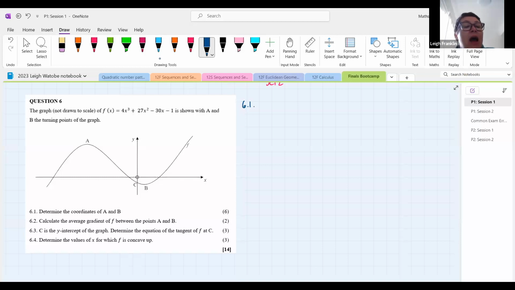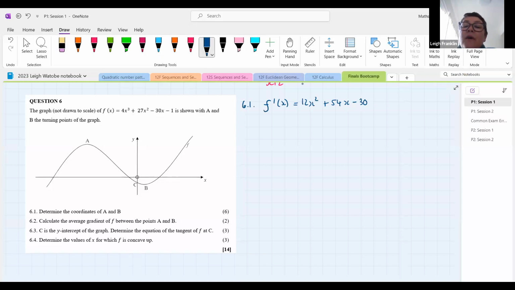The first thing that I want to do here is derive f of x. Oh, sorry, I'm writing 6 and it's not. 4 times 3 is 12, so 12x squared plus 54x minus 30.